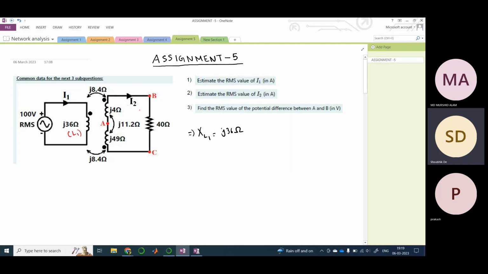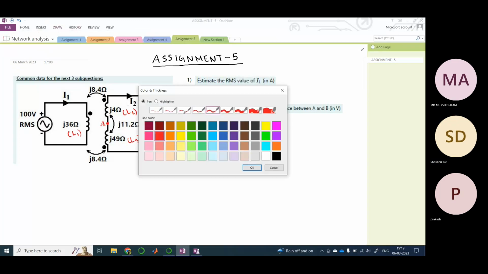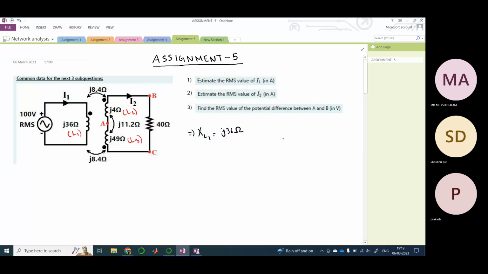This is L1, this is L2, this is L3. XL2 is j4 ohm, and XL3 is j49 ohm.